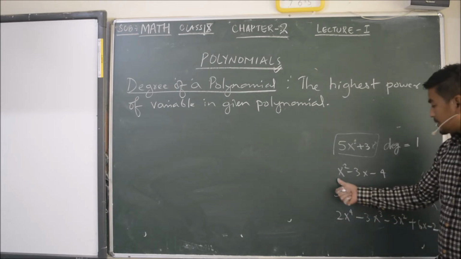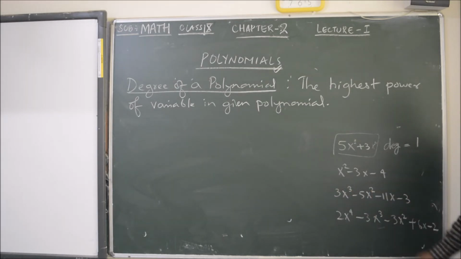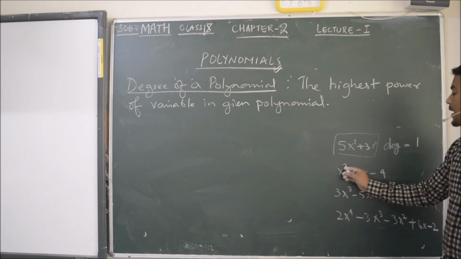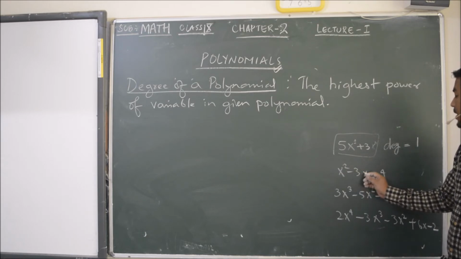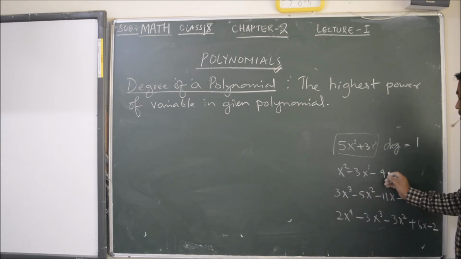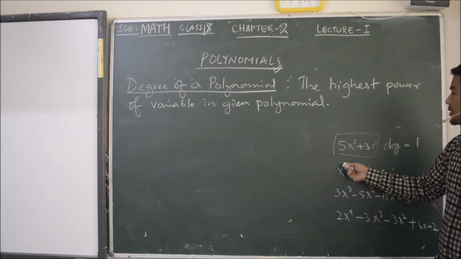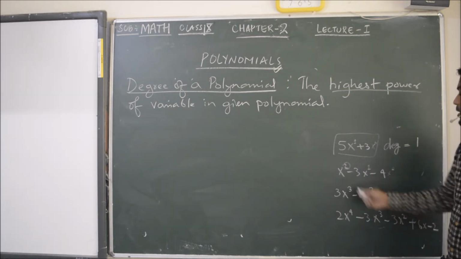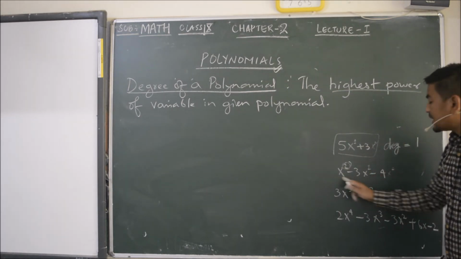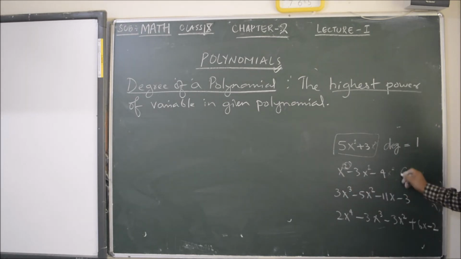Now see the second polynomial. We have a power of x here 2, then power of x 1, and power of x you can assume 0. So 0, 1 and 2. I am looking for the highest power, so 2 is the highest. So the degree of this polynomial is 2.